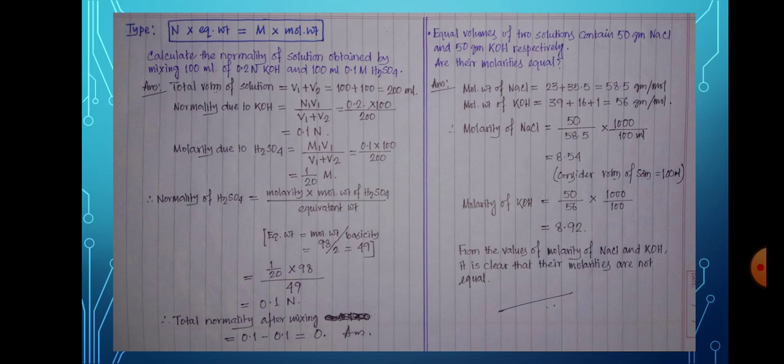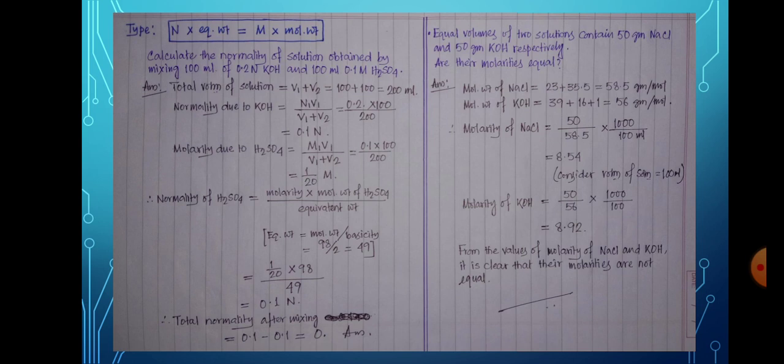Due to that reason I can consider that the basicity of sulfuric acid equals 2. So after substituting the values, you get that the normality of sulfuric acid equals 0.1 normal. Therefore total normality after mixing, 0.1 final minus 0.1 initial, equals 0.